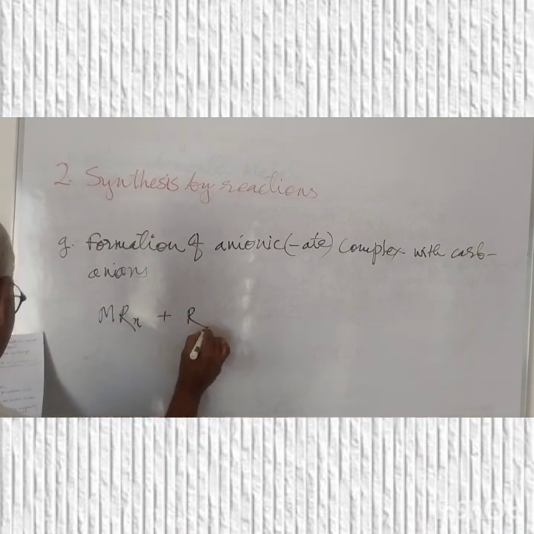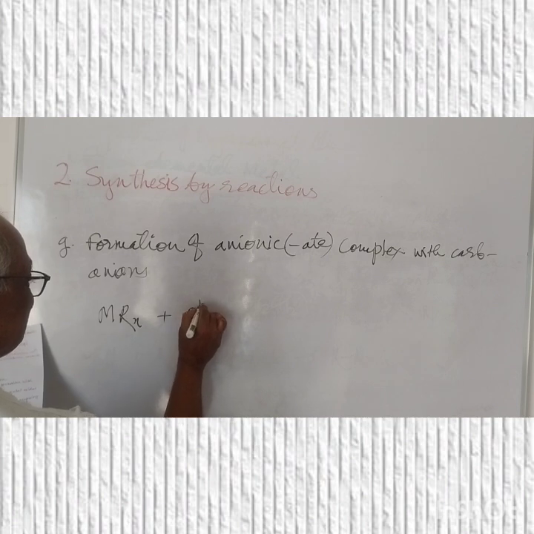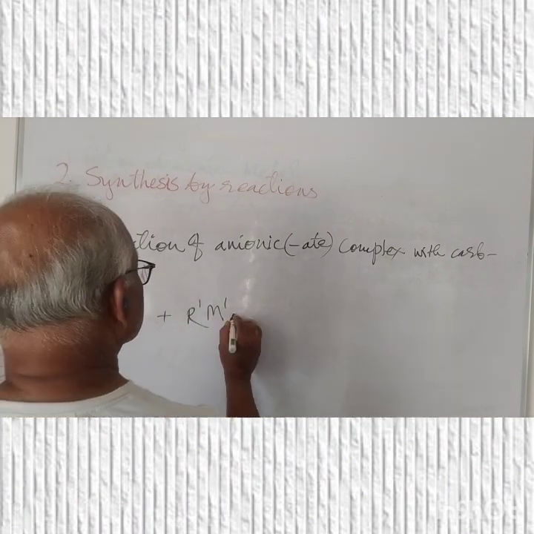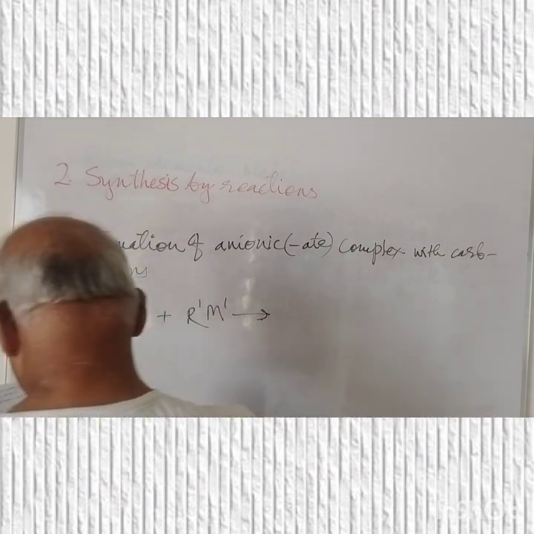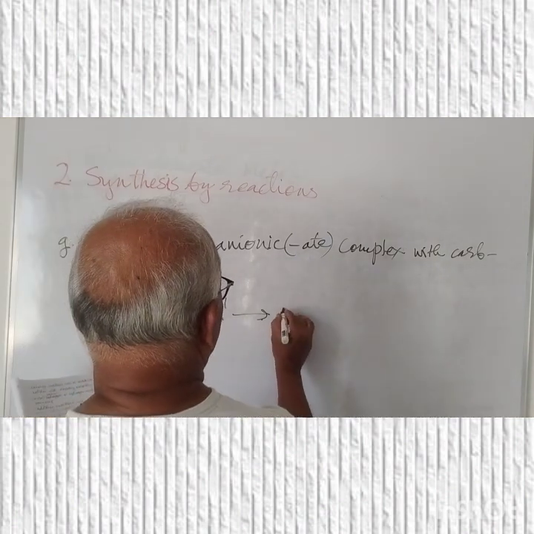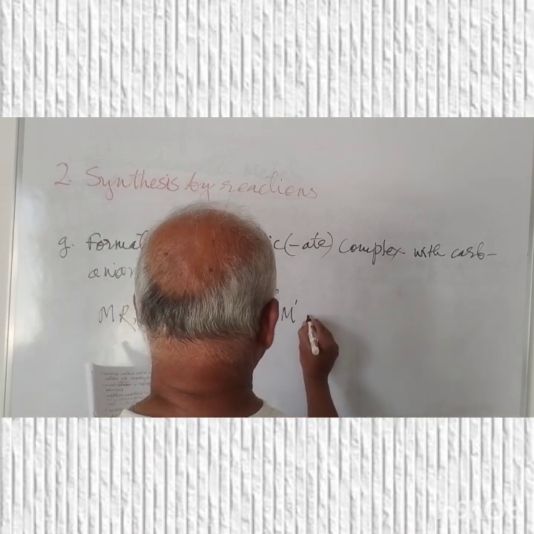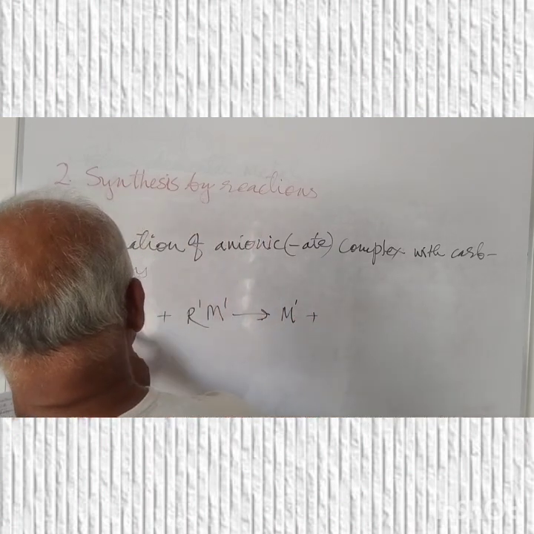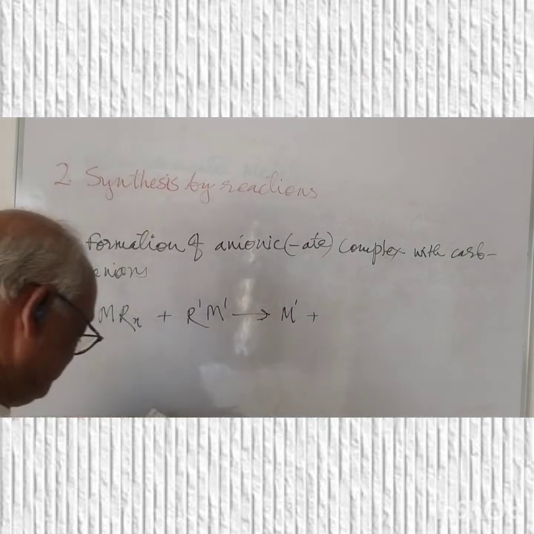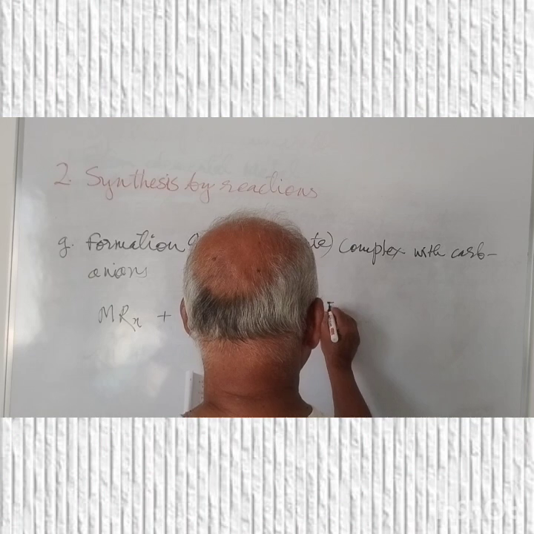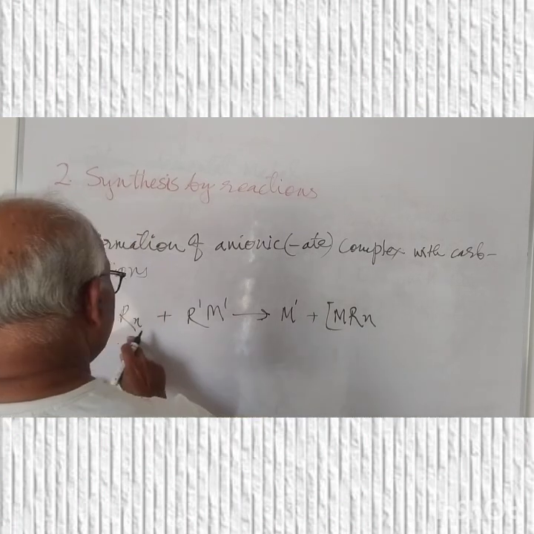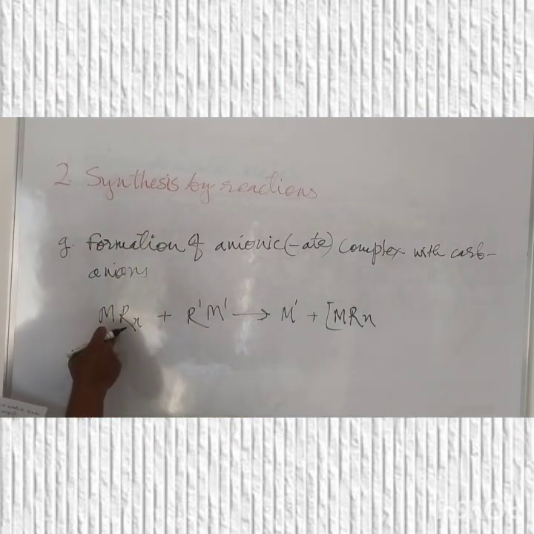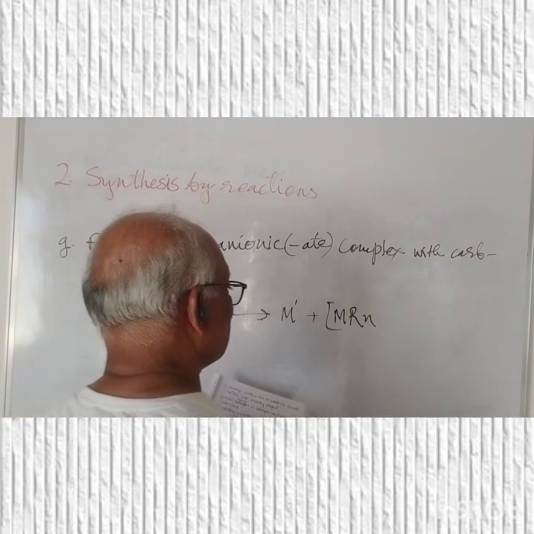When it reacts with, say, R prime M prime, it gives the product such as M prime is released, plus this R goes with this mRN. So we can show this as mRN. This is already existing, but this R is added to this complex.